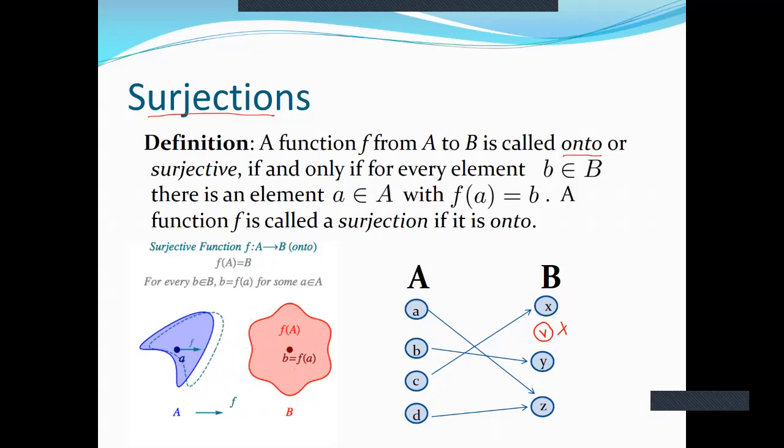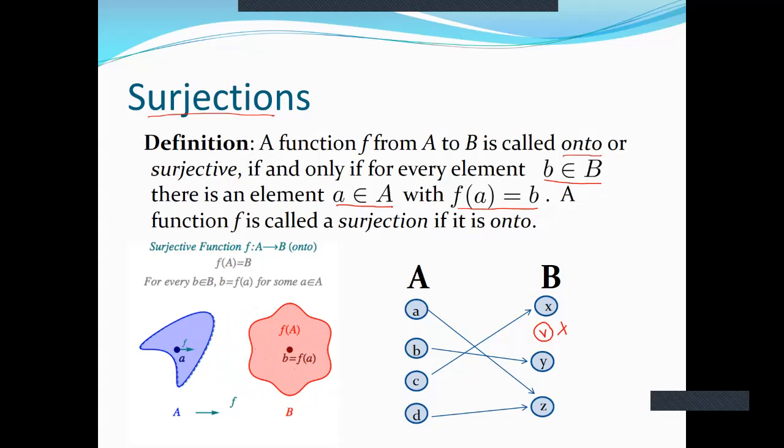A function f from A to B is called onto or surjective if and only if for every element b that belongs to set B, there is an element a that belongs to set A with this mapping, so that it is mapped from A to B. So a function f is called a surjection if it is onto. Here you can see in this animation, the surjective functions are called onto functions.